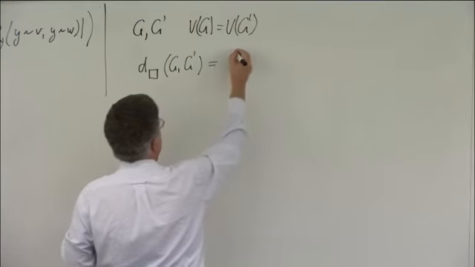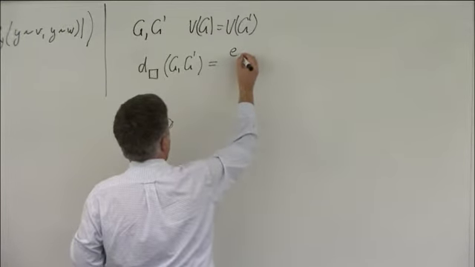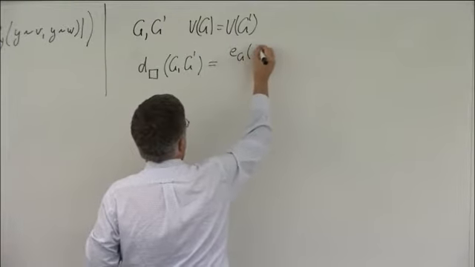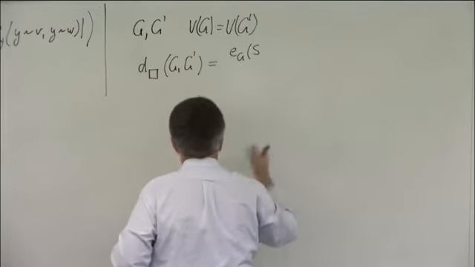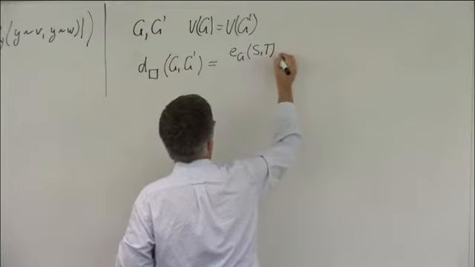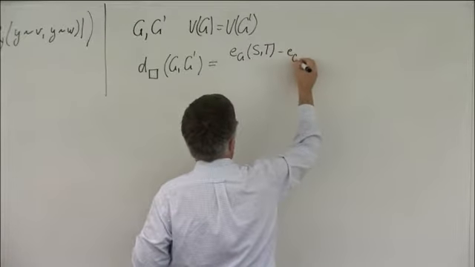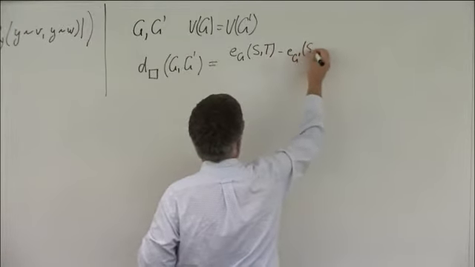What I do is I count the number of edges in G between some 2 sets S and T, and I count the number of edges in G prime between the same 2 sets.